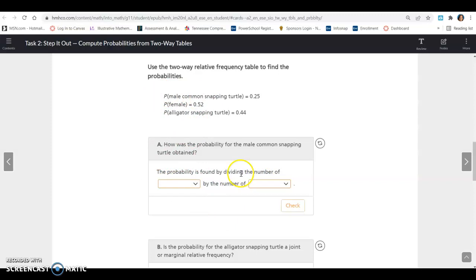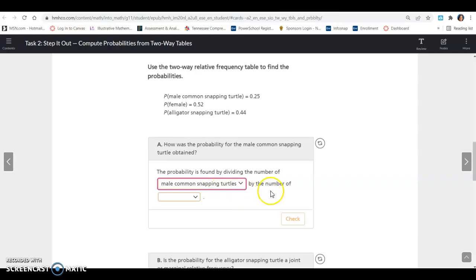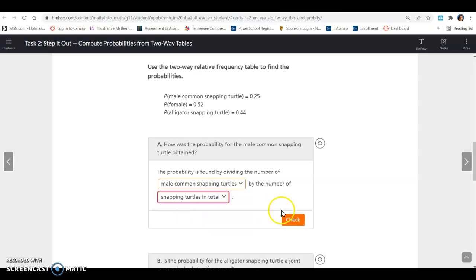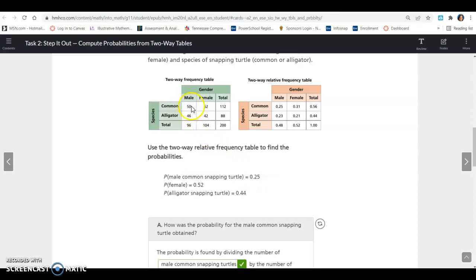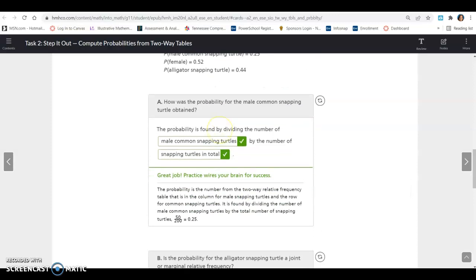The probability is found by dividing the number of male common snapping turtles, 50, by the total number, 200, and that is how you get that answer.